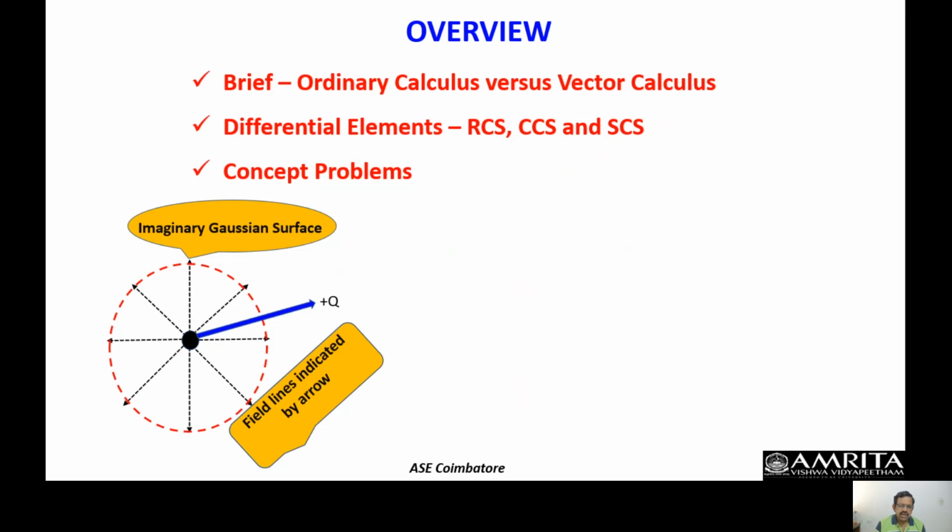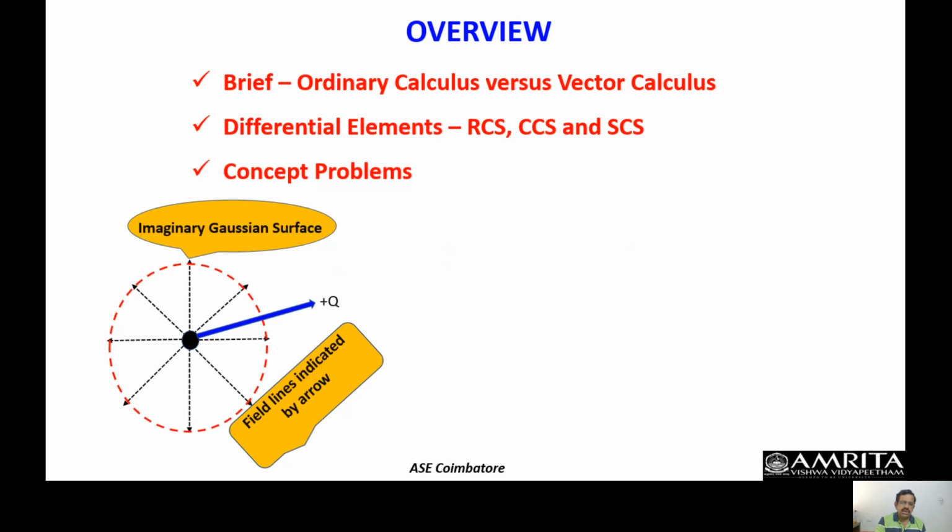In employing Gauss's law to estimate the field in space, we will need to know the differential element for the corresponding surface that we are going to take. In this case it is a spherical surface, and you can see that the field lines emerge out of a positive charge isotropically, radially symmetric.